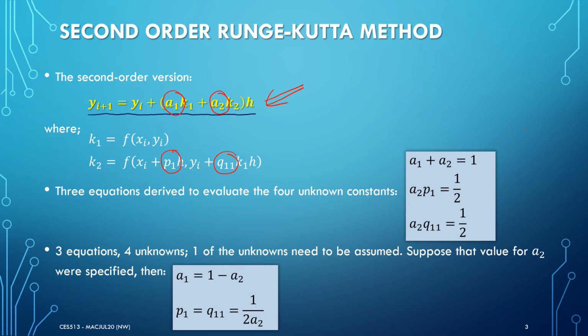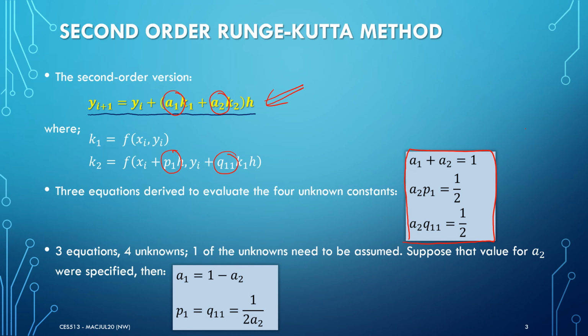The equations are: a1 plus a2 equal to 1, a2 p1 equal to 1/2, and a2 q11 equal to 1/2. Notice that we only have three equations with four unknowns.